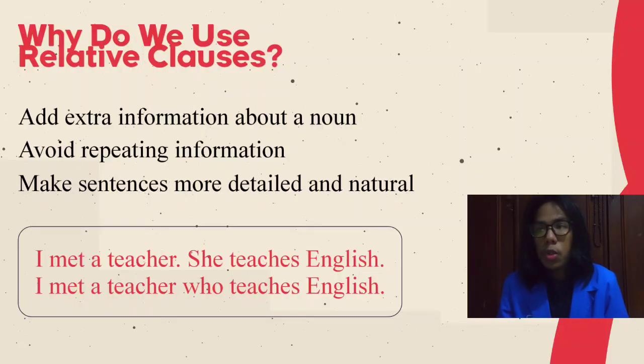We use them to add extra information about a noun, avoid repeating information, and make sentences more detailed and natural. You can see this: I met a teacher. She teaches English. It feels unnatural and too repetitive. So instead, we can write: I met a teacher who teaches English.